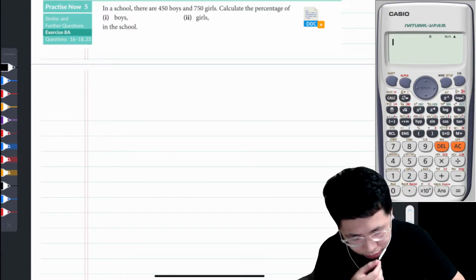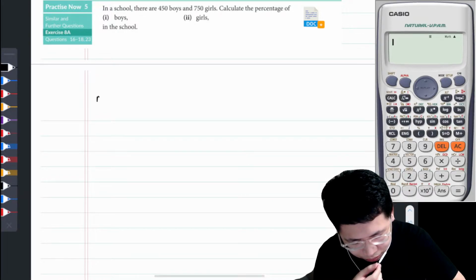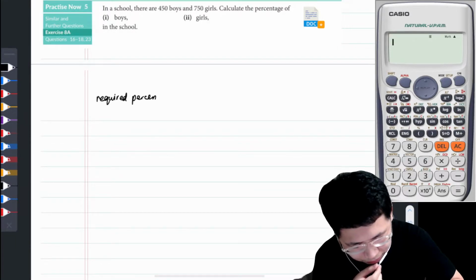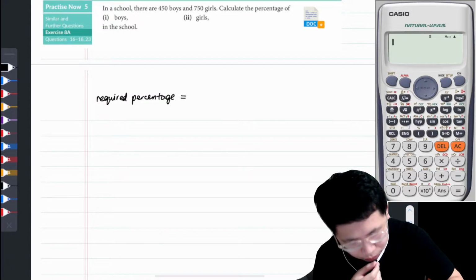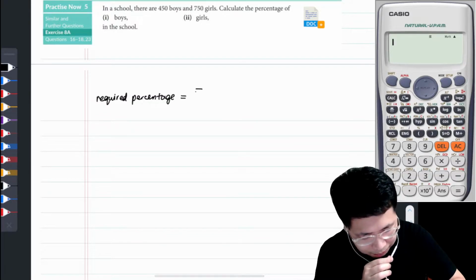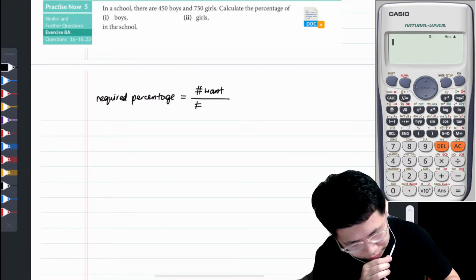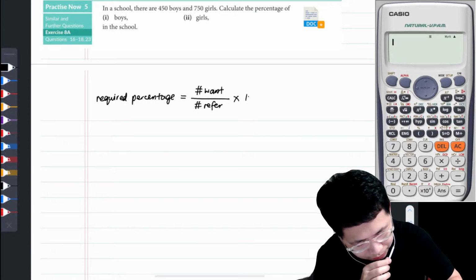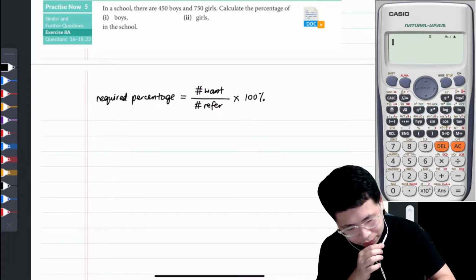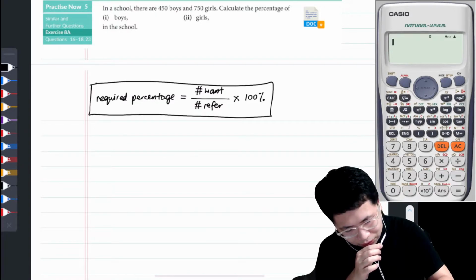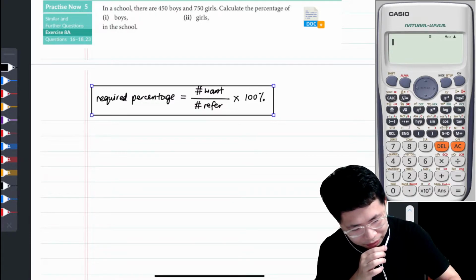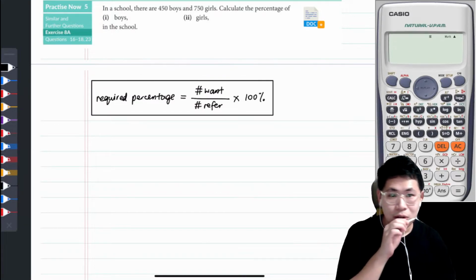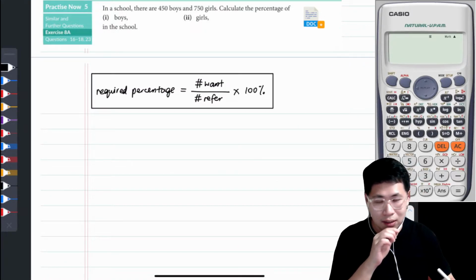So more often than not, the required percentage will be equal to the number of things that we want to find out over the number of stuff that we are referring to, times 100%. This will form our first relationship between the many different quantities. Using this, we're going to solve practice now 5.